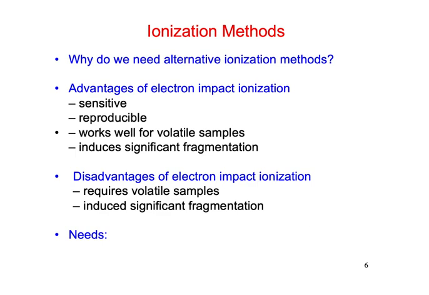So if we think about other ionization methods, let's think about first why we would even need any methods other than electron impact, because I think that was one of the first ones developed as well. So let's look at the advantages and disadvantages of electron impact ionization. An advantage is that it's very sensitive, so you can do it with very small amounts of material.